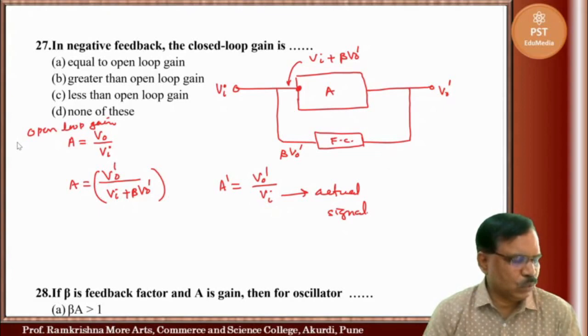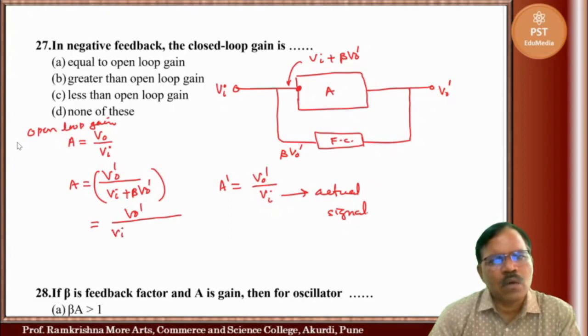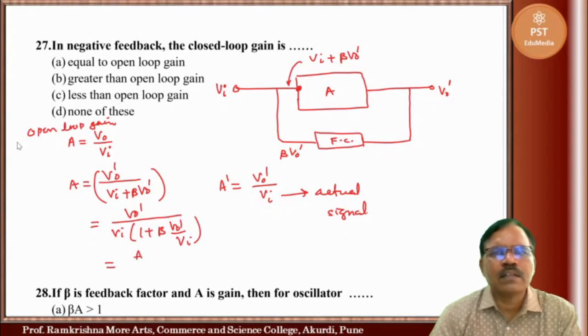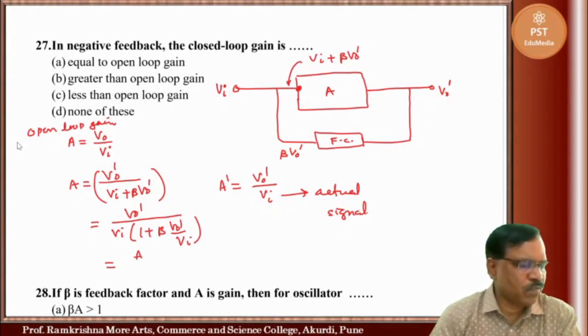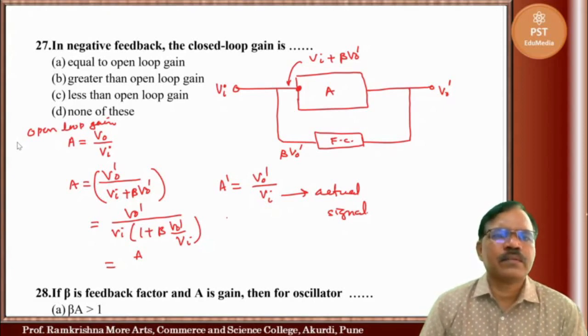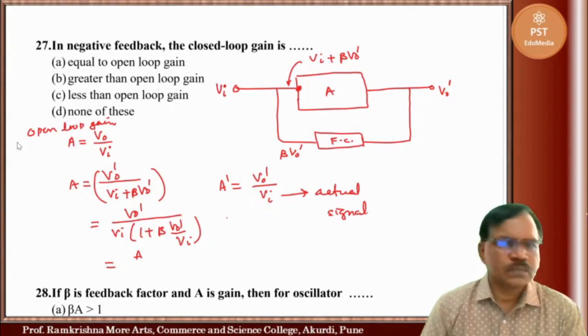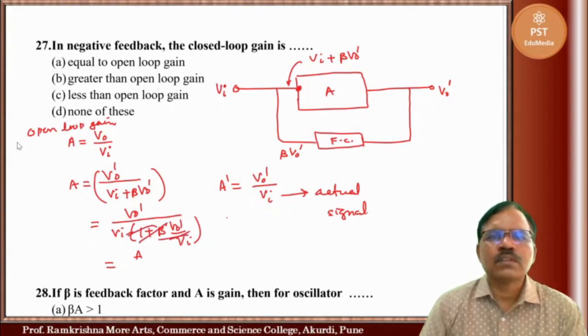Now if we simplify these two, here you can take V0 dash upon Vi, so we get here A. Here I have to take Vi, so use this here.